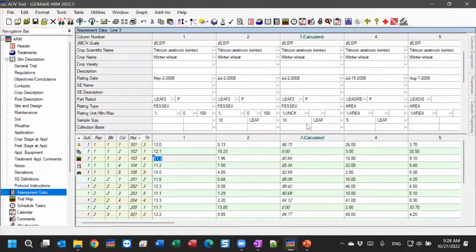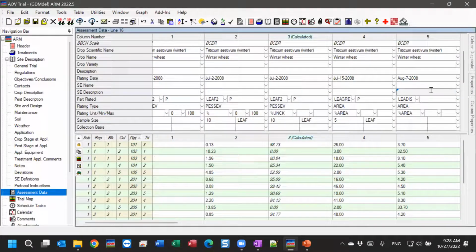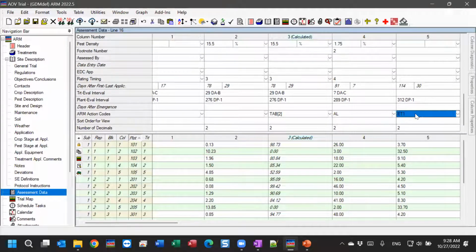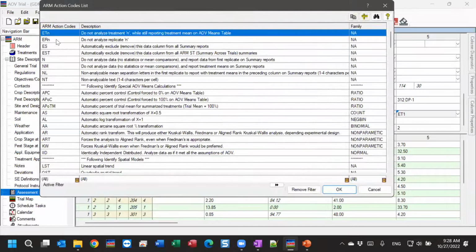So I'm going to close this and just look at column 5 here. We have that ET1, and that is excluding a particular treatment. So you can see that we are really dropping out that entire treatment 1 from this assessment when we're performing the analysis.